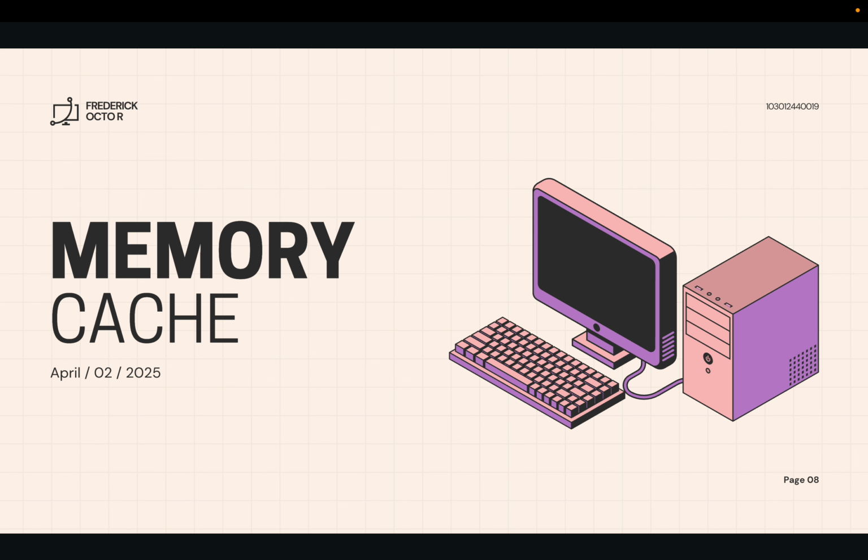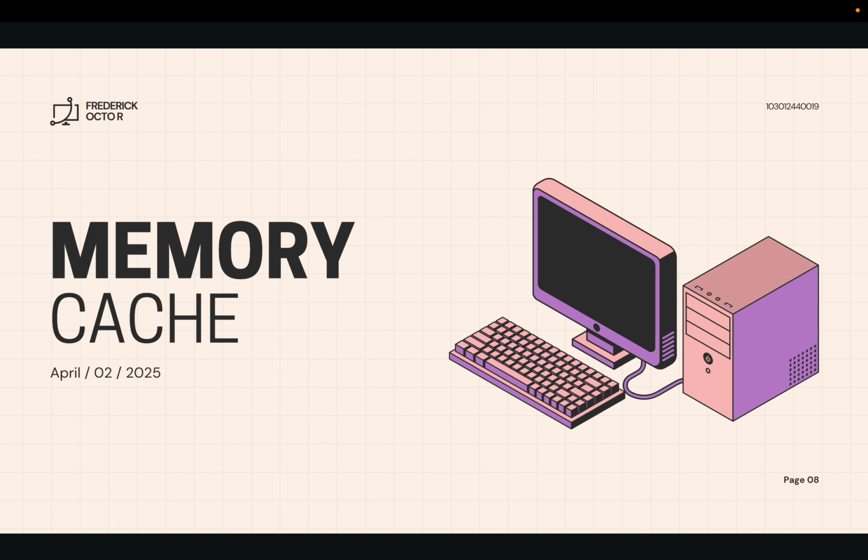Examples include magnetic disks, RAID systems, and optical memory. The performance of external memory depends on parameters like seek time and rotational delay. By understanding these concepts, I think we can design more efficient and reliable computer systems. Okay, that's all for the conclusion.